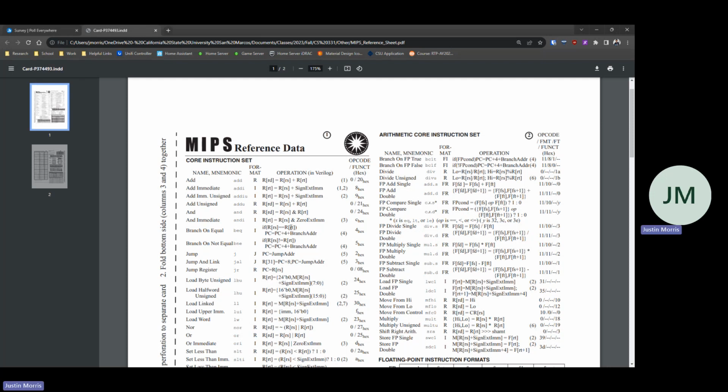Do remember the MIPS reference sheet is in hex. So 0 is the same as 0, right? But 20 is 2 times 16, which is 32. Okay, so this is 32. So we know it's an add.